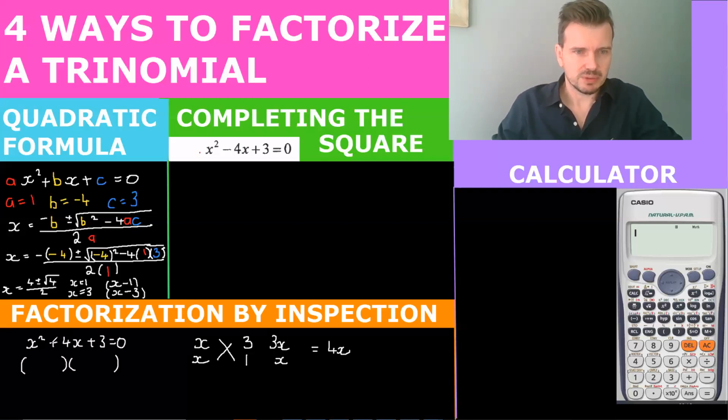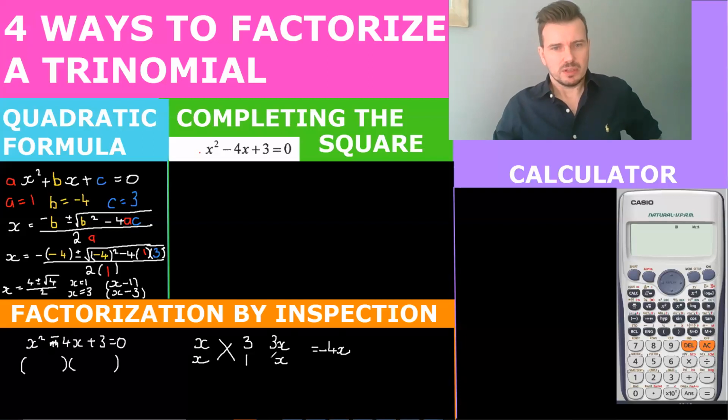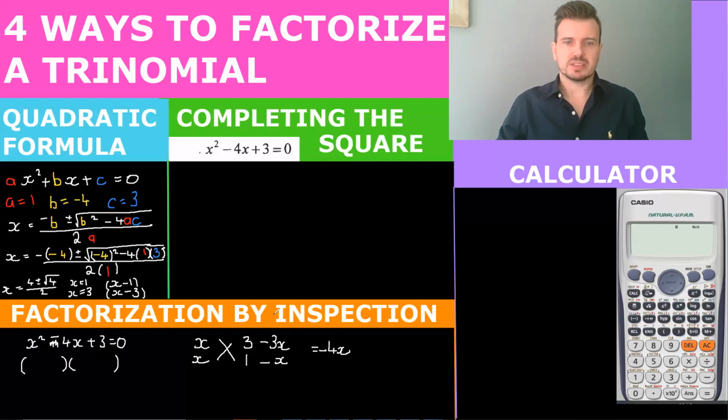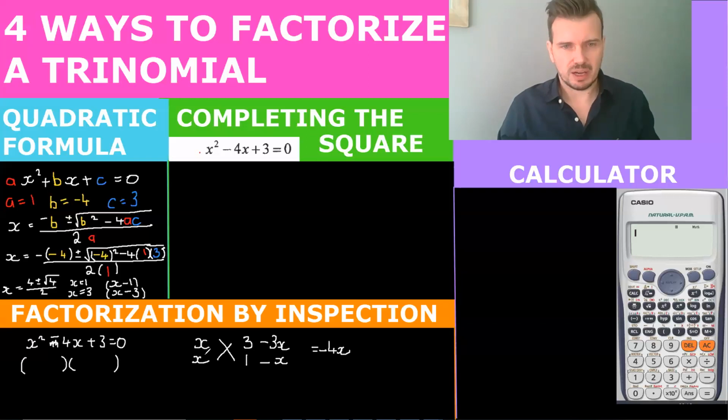I need it to be a minus 4x. So these 2 numbers added together are what gives us the middle number. So this is an easy one because it's minus 3x and minus x. I'll do some harder examples so that you can get the hang of how we do this cross multiplication.